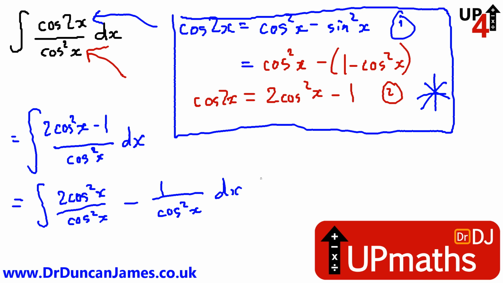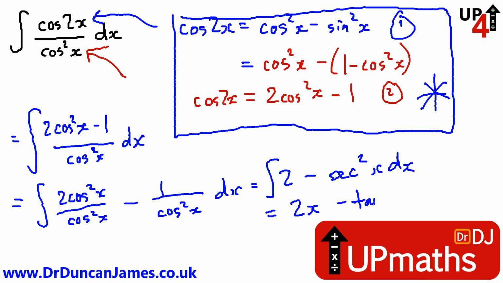Oh look, that simplifies to the integral of just 2 minus sec squared x dx, and then that just becomes 2x because 2 integrates to that, and then sec squared just integrates to tan, so that would be minus tan x plus c, and that's the answer.